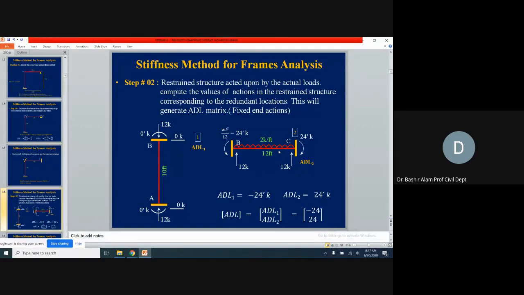But now why I'm going in such a detail now, all the member end actions we are finding out. Why? Because rest we are going to use when we go to the AML matrix. So that is why here clearly I'm writing all the member end actions. Now coming here to this vertical member which is AB, if you see we don't have any lateral loading on this one.